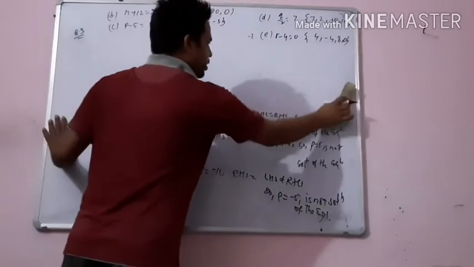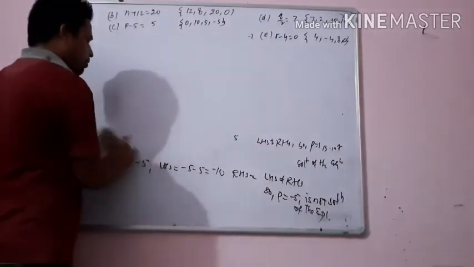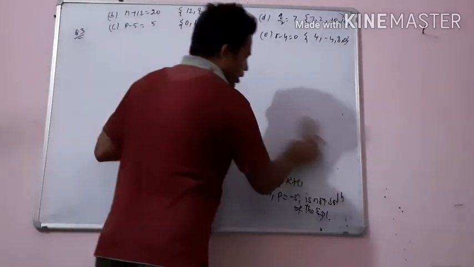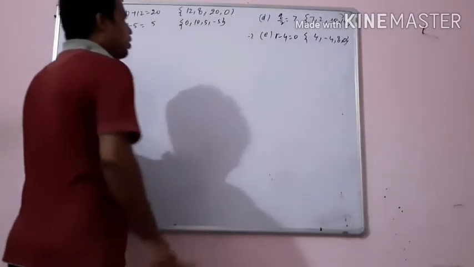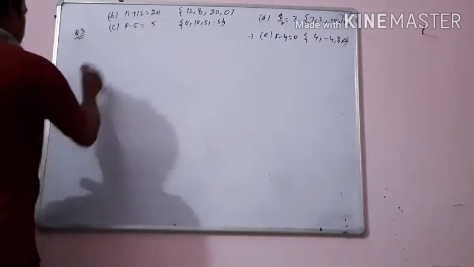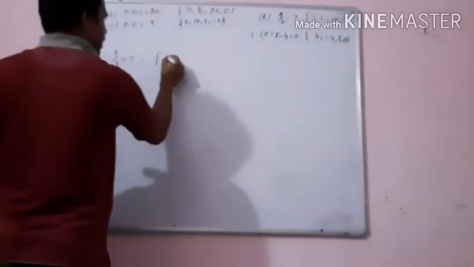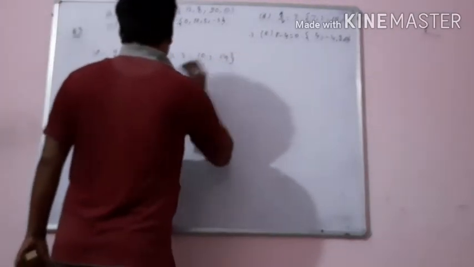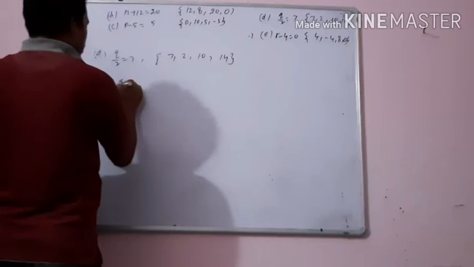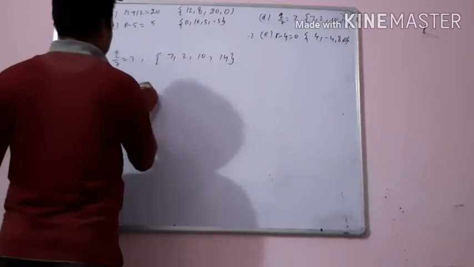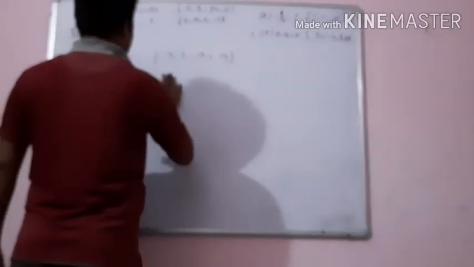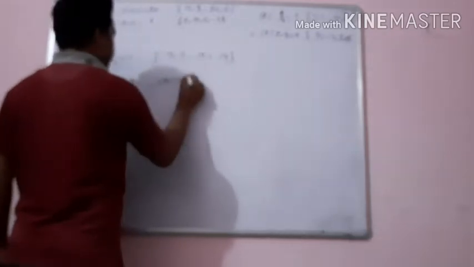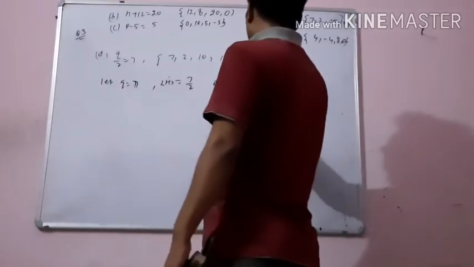Question D is q upon 2 equals 7, and in the bracket the numbers are 7, 2, 10, 14. So let q equals 7. LHS will be 7 upon 2, and RHS equals 7.